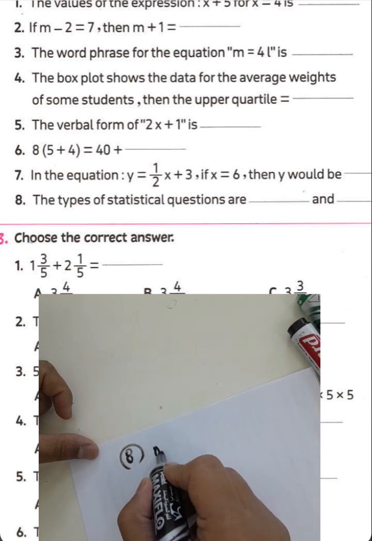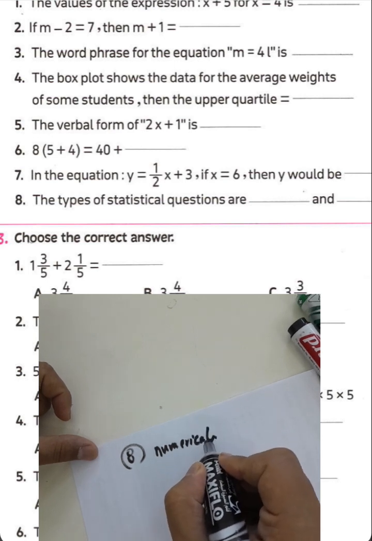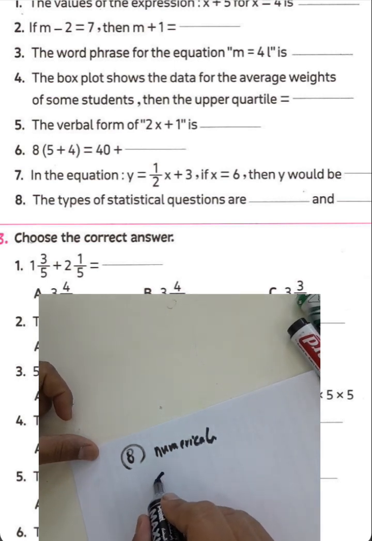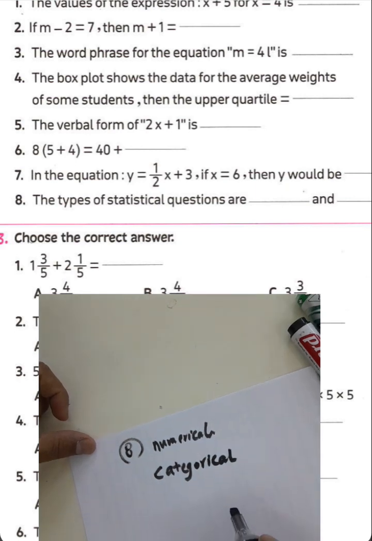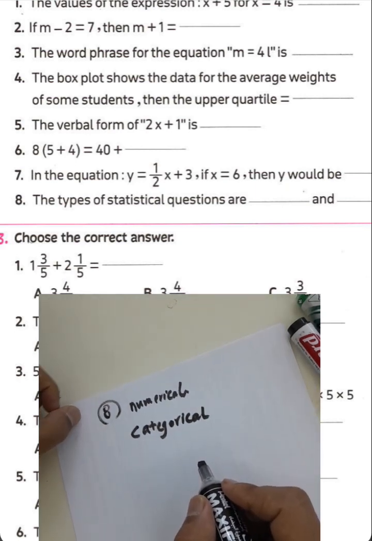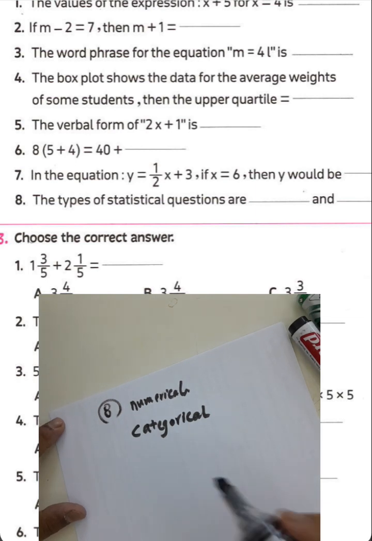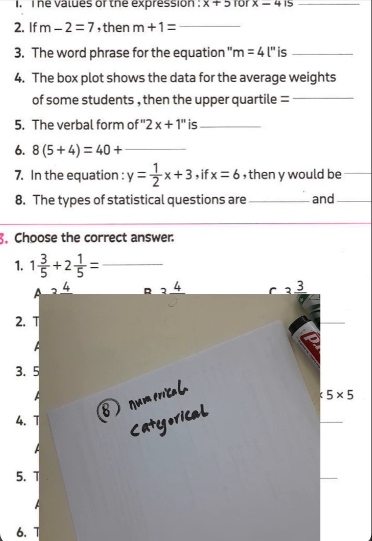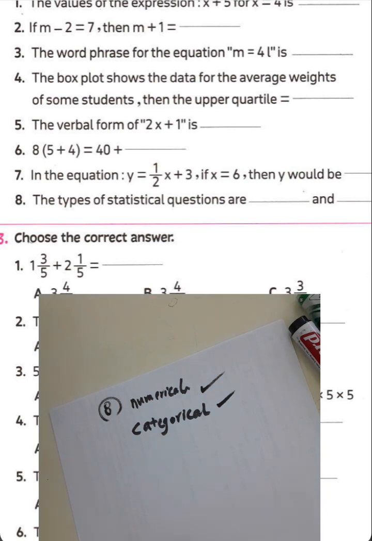We can write numerical. And categorical. The types of statistical equations are space and space, right? Numerical and categorical.